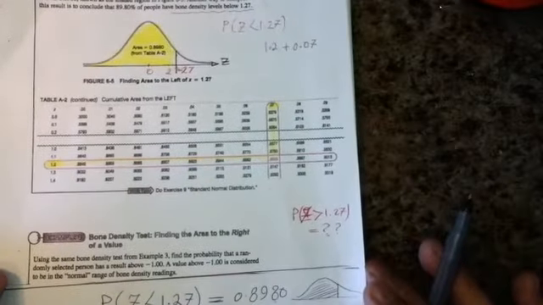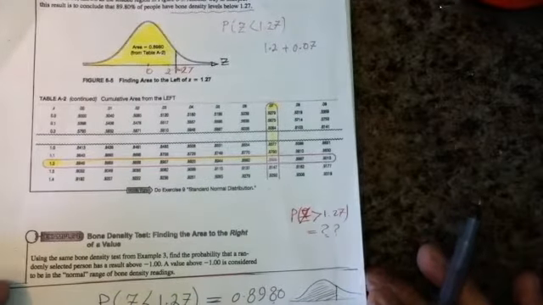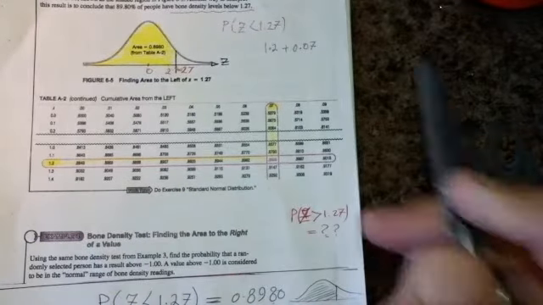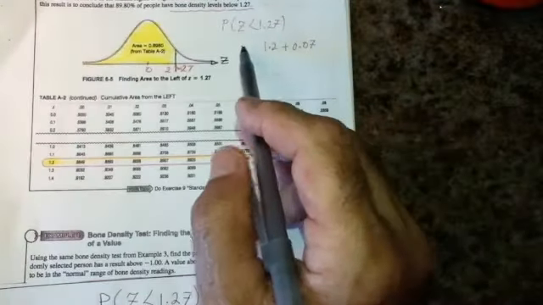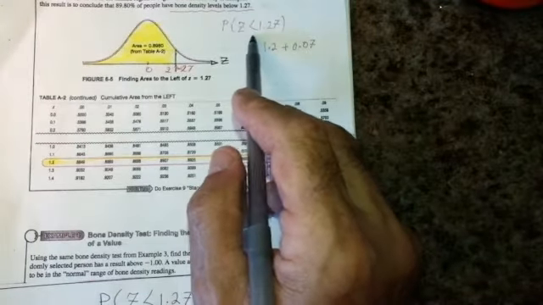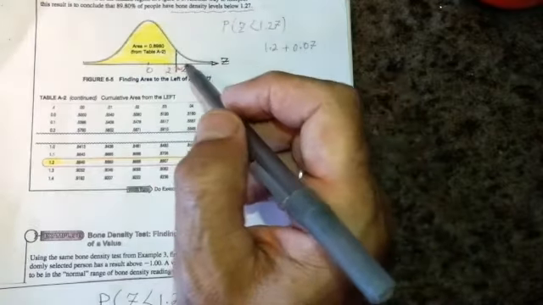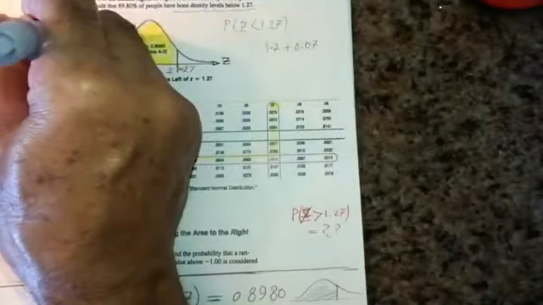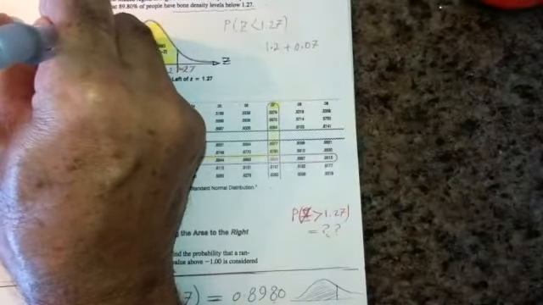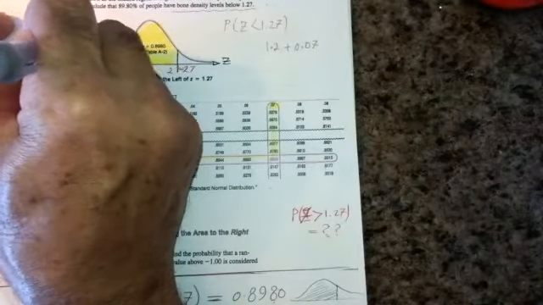Now, this is an example of continuous that we want to find probability of Z less than 1.27. So a standard curve, remember a standard curve has mean of 0 and a standard deviation of 1.